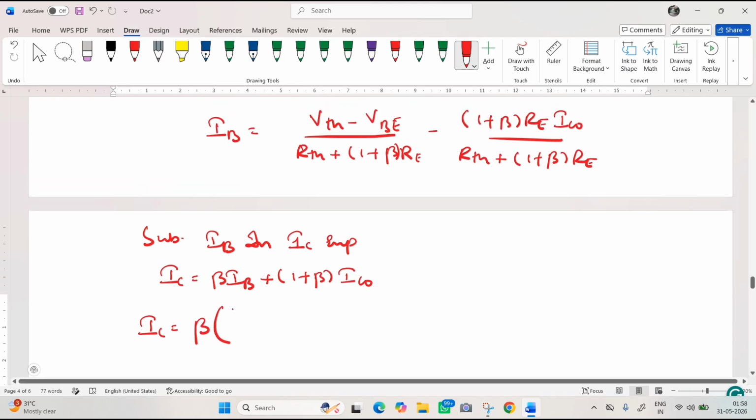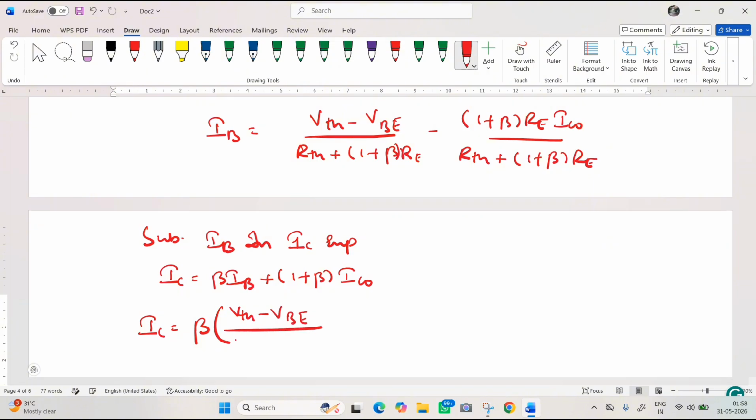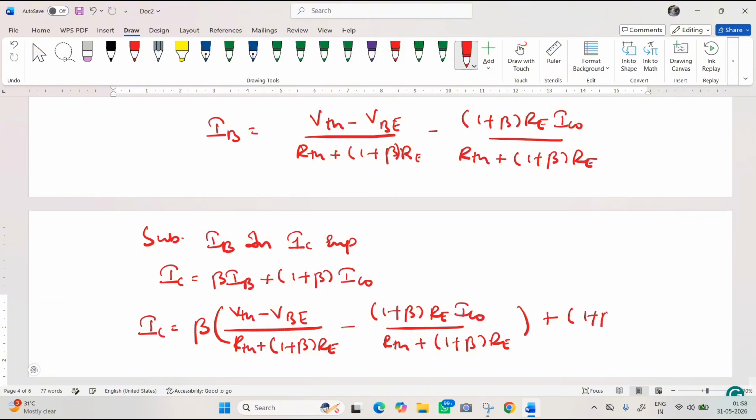This is the expression: V Thevenin's minus VBE divided by R Thevenin's plus (1 plus beta) times RE, minus (1 plus beta) times RE IC naught divided by R Thevenin's plus (1 plus beta) times RE. Now plus (1 plus beta) times IC naught, right? This is the expression I got.